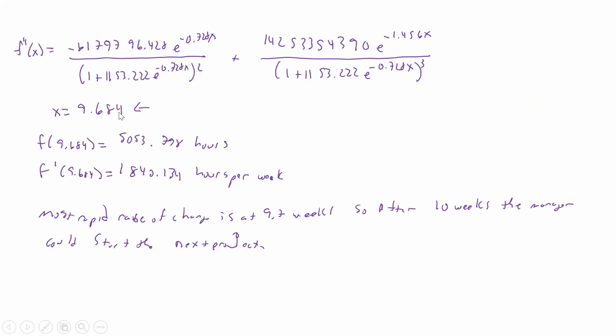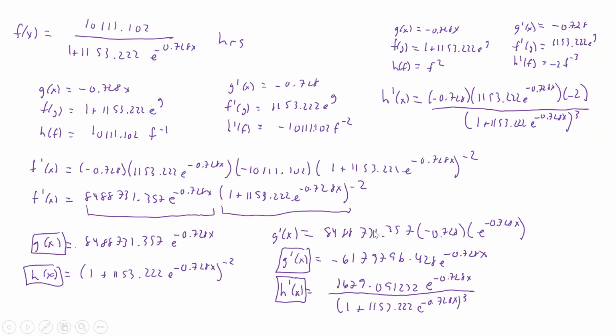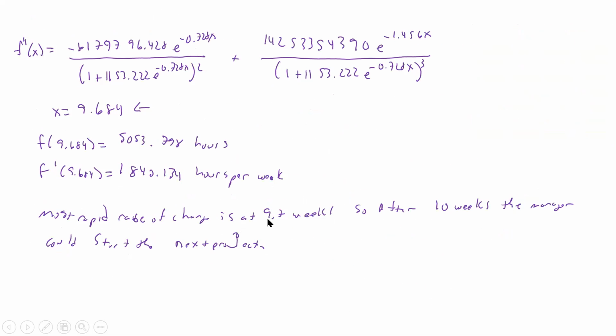Well, that was at 9.7 weeks. It was accumulating most rapidly. And then this one says, leading into that, what would be a good time to do the next job? And remember, it is when the first job begins to increase less rapidly. Well, it's going to increase less rapidly after this point in time. So if we round up to the next week, after 10 weeks, they could start the next project.